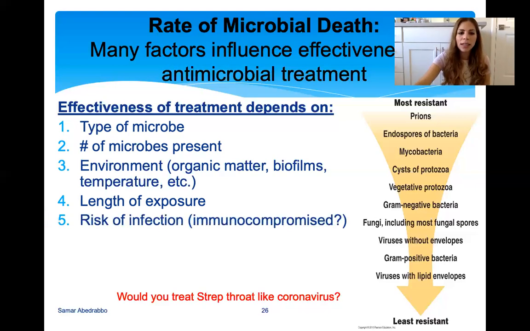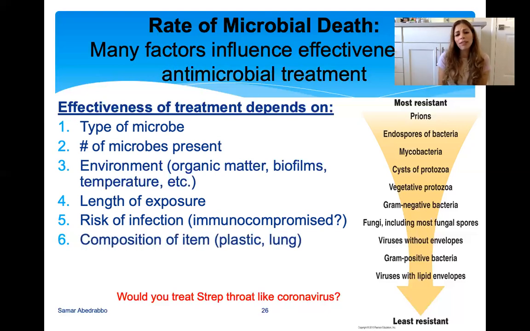And then risk of infection, you want to make sure that what you're creating is not toxic. So if you have people that are immunocompromised, if you have, for example, pregnant women, they use your new acne medication? I mean, a lot of acne medications should not be used by pregnant women, for example, or your new Clorox wipe. And then we want to think of the composition of the item that we're using it on. So are we using it on plastic?